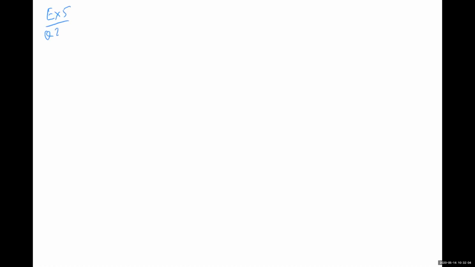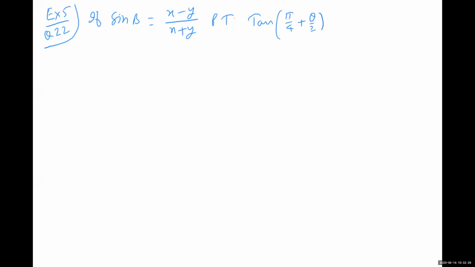That is, if sine beta is equal to x minus y upon x plus y, then prove that tan of pi by 4 plus theta by 2 is equal to under root of x upon y. I think there may be a plus minus sign here. I will check it. Okay.